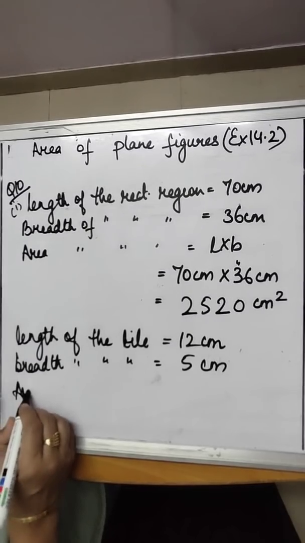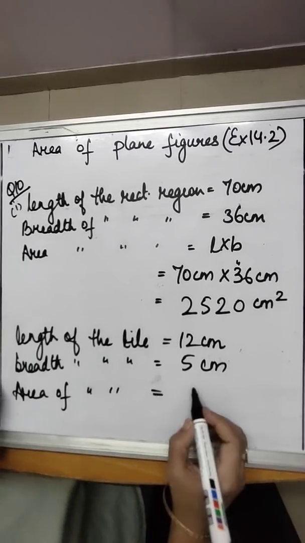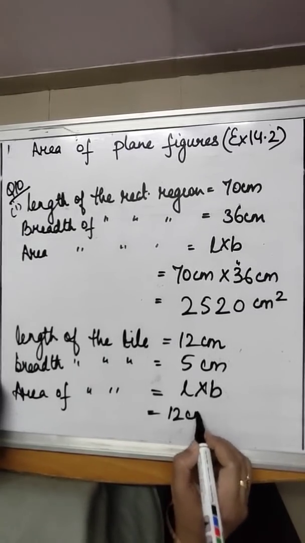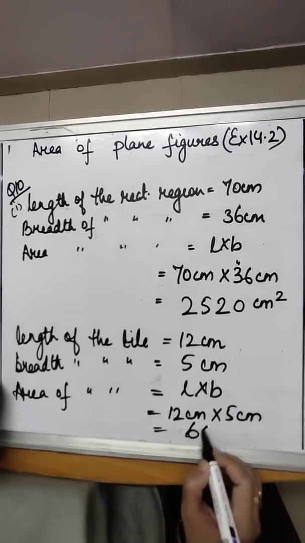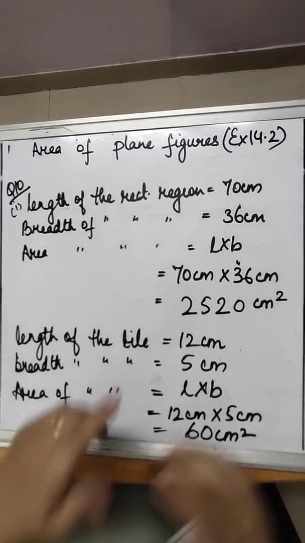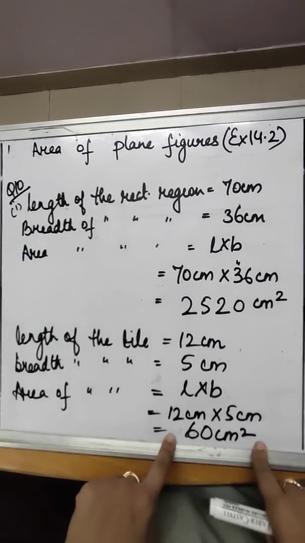So what will be the area? Area of the tile, L into B, will be 12 centimeter into 5 centimeter, and it will be 60 centimeter square. So the entire portion is this much and a part is this much.